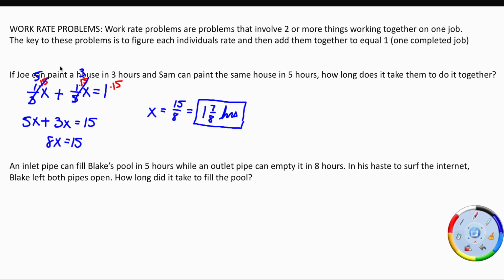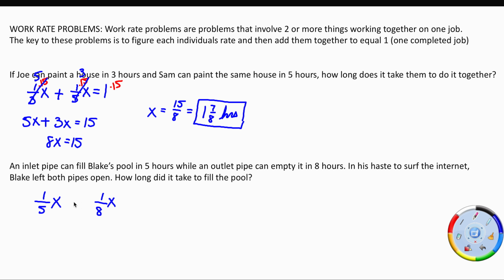All right, same kind of problem, two pipes working on this pool. The first one is 1/5 of the pool filled for every hour it's left running, so 1/5 times the number of hours. The other one is emptying 1/8 of the pool for every hour it's left running. What do you think is the difference between this problem and this problem?